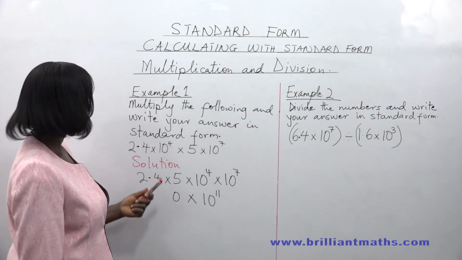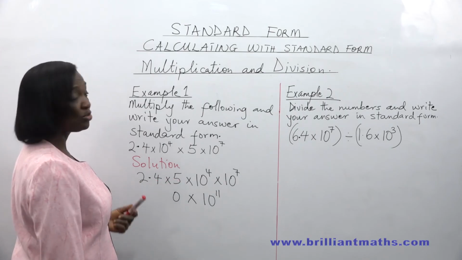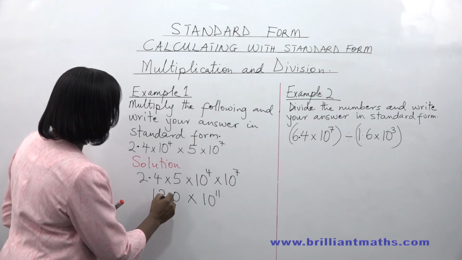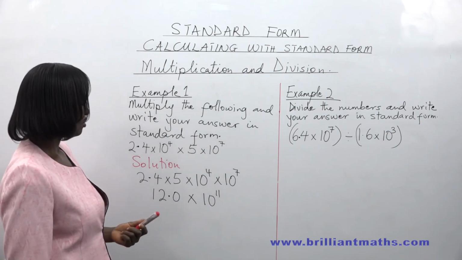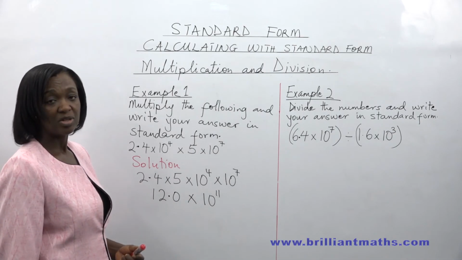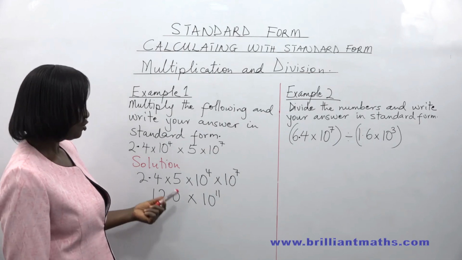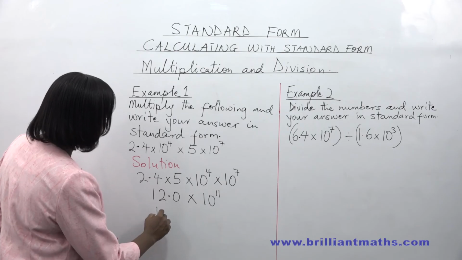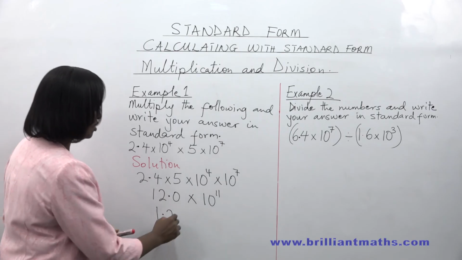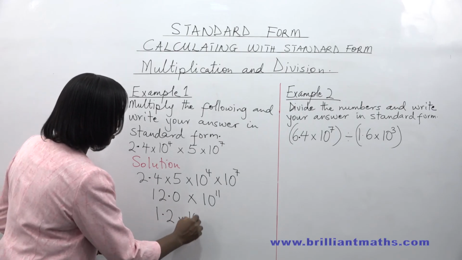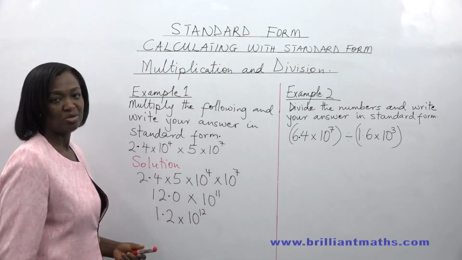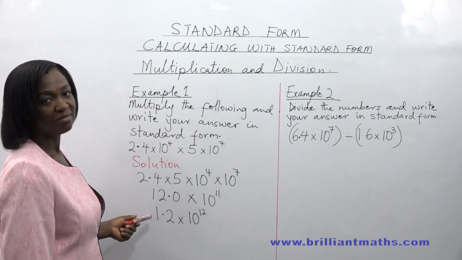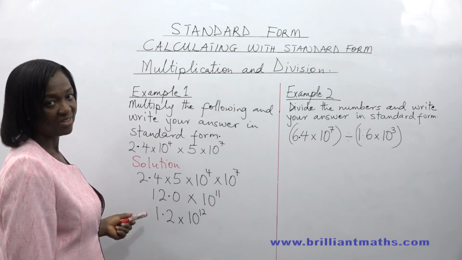Carry 2. 5 times 2 is 10 plus 2, and that is 12. So that is 12.0 times 10 to the power 11. Then we need to write this in standard form, and that becomes 1.2 times 10 to the power 12. Take time to look at it.